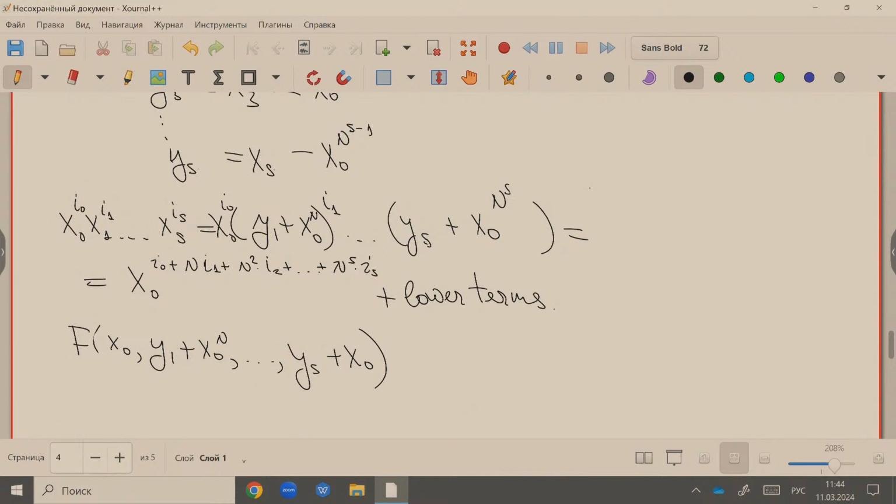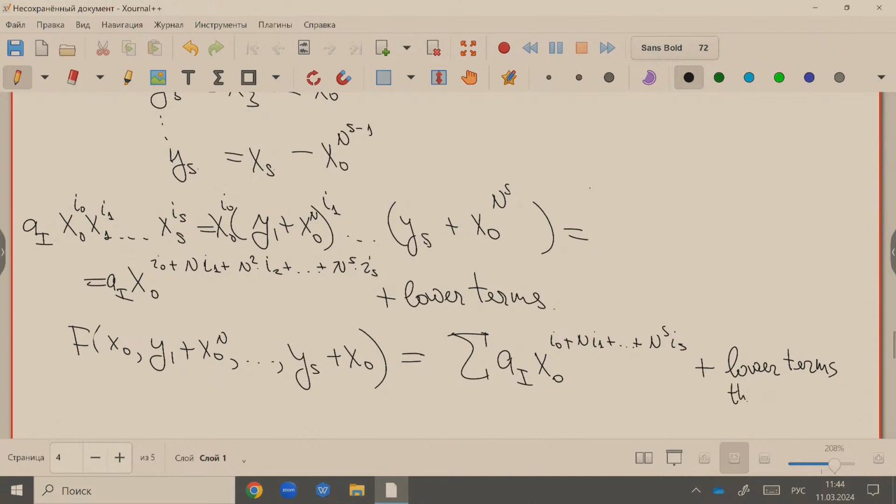Each monomial has some coefficient, a_i. So after this change of variables, you will get the sum of a_i's times x0 to the power i0 plus n i1, etc., plus n^s i_s, and plus lower terms of the monomials.